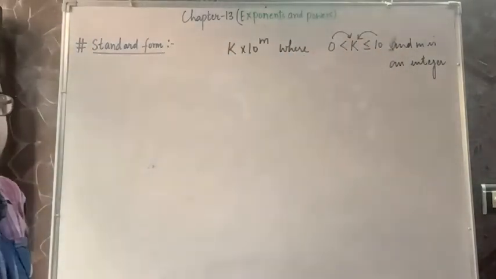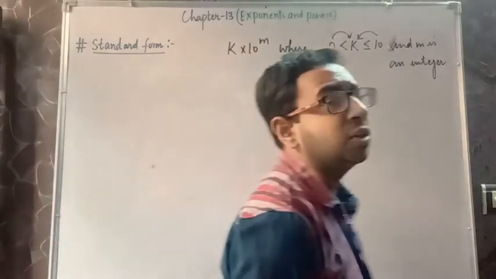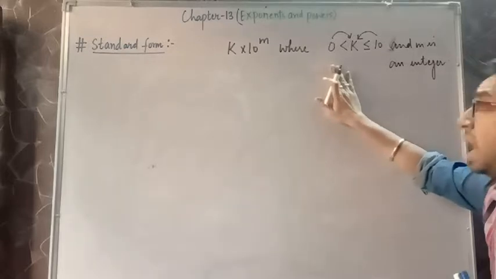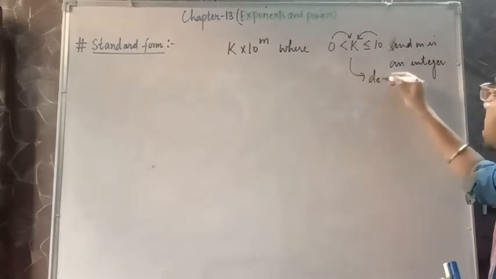So if any number is there, it should be represented in this form, k into 10 raised to power n, where k is greater than 0 but less than or equal to 10. It means it can be in decimal form.